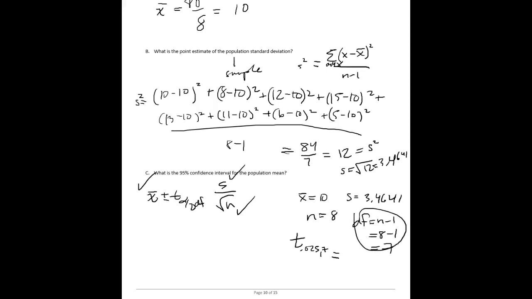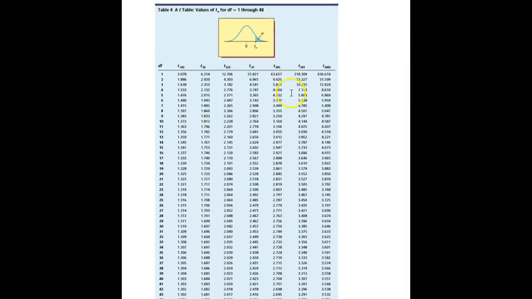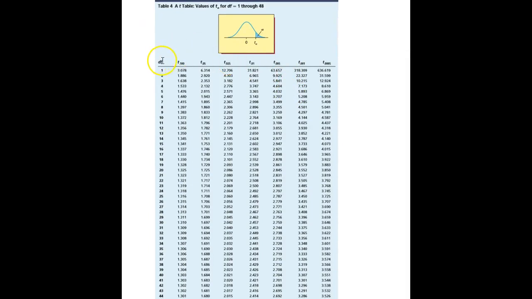So t of 0.025 comma 7, we look on our table for. Got to go to our t table, go over to t of 0.025, which is right here, and then down to degrees of freedom 7, we get 2.365.